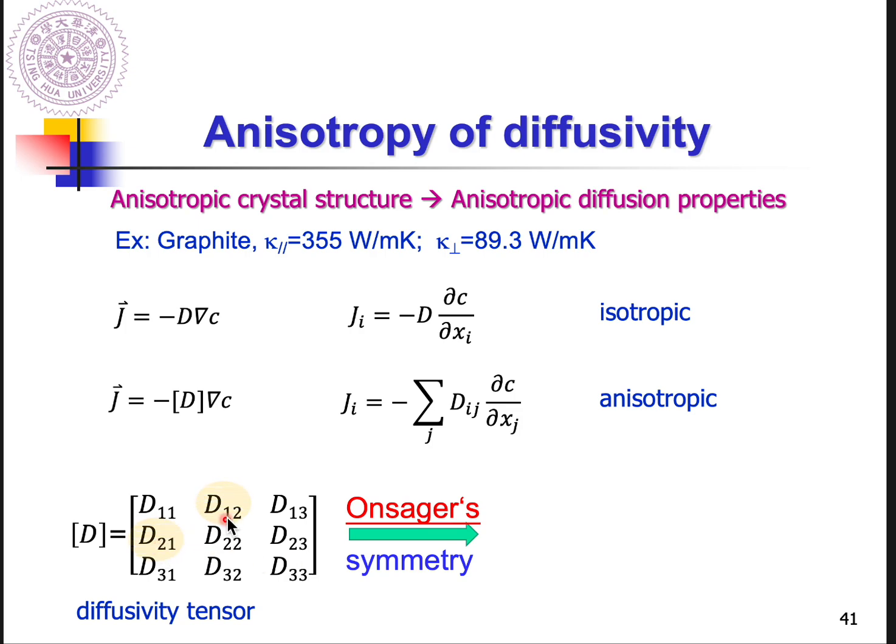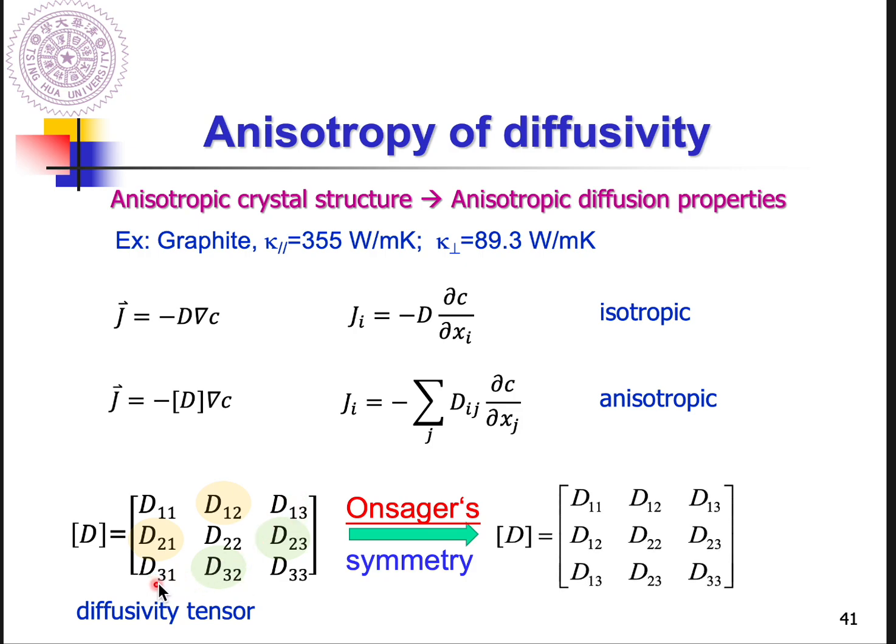So we assume D12 equals D21, D23 equals D32, and D31 equals D13. So we can simplify the diffusivity tensor from 9 unknown parameters down to 1, 2, 3, 4, 5, 6, down to 6 unknown parameters.